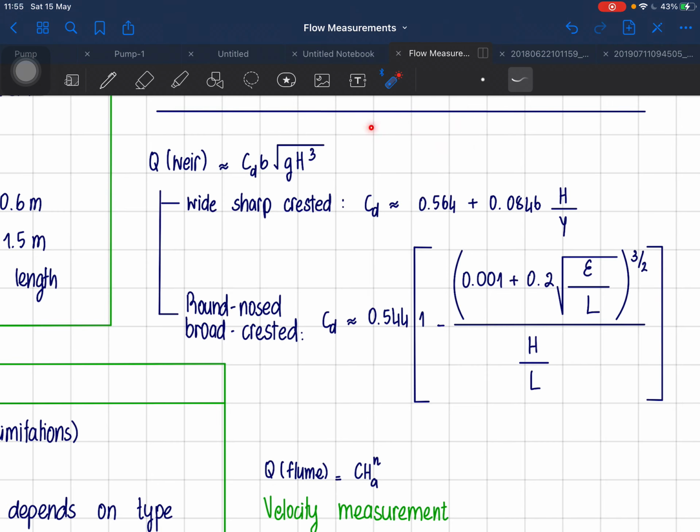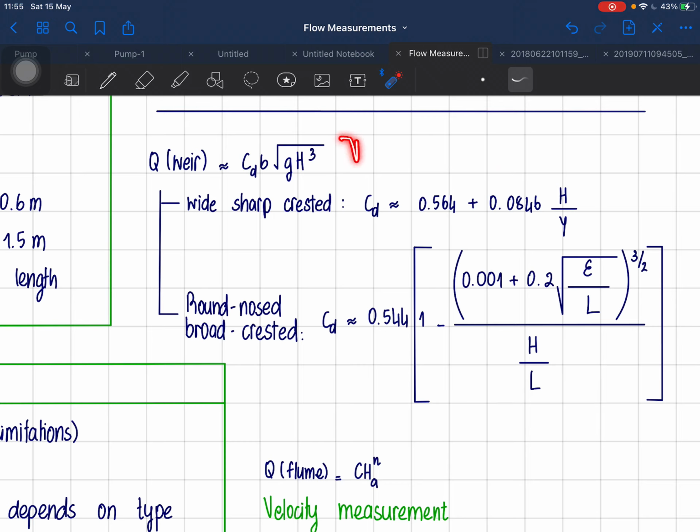The rectangular one is used for measuring the discharge and the change in water elevation. For the triangular one, it is only used for measuring the discharge.